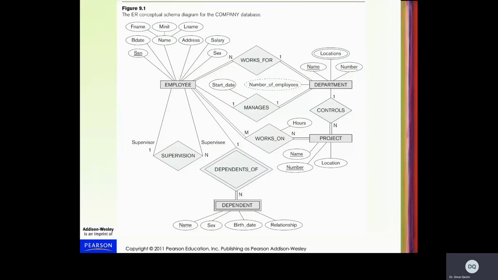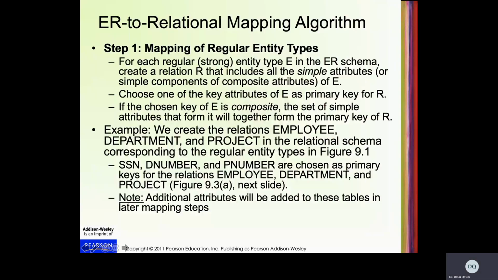Looking at our company database that we have been working through in this book, in which we have entities employee, department, project, dependent, and then we have relationships like works for, manages, controls, works on, supervision. So here is how we will map things.